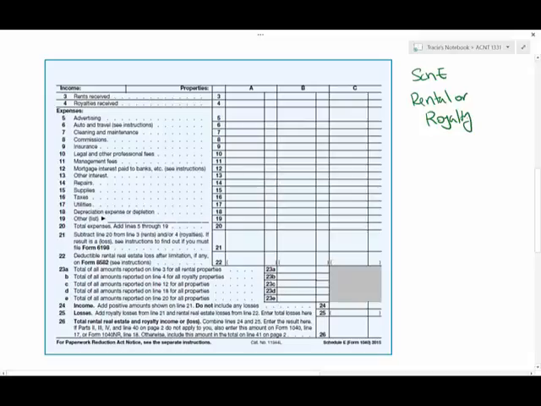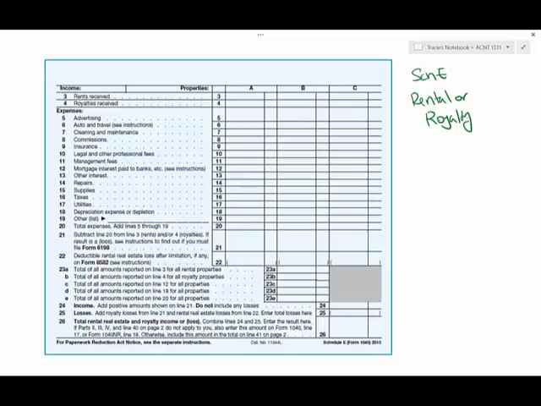This is page 1 of the Schedule E. It's where taxpayers put in their rents and royalties received. And Schedule E is essentially an income statement for the taxpayer's rental or royalty activity. Again, this is a taxpayer who is in the business of doing rental activities, such as an investment type activity.